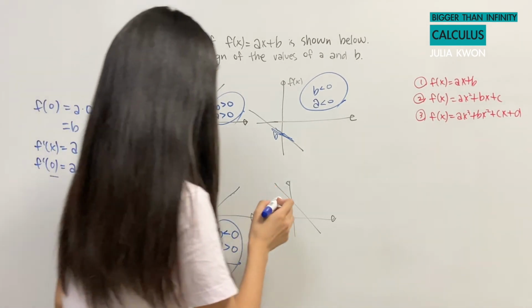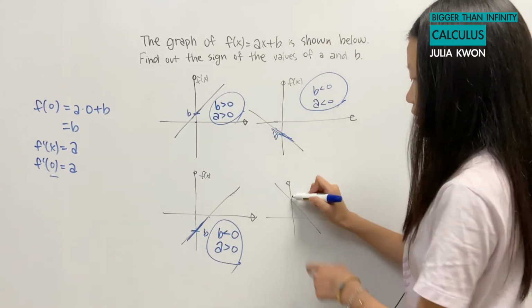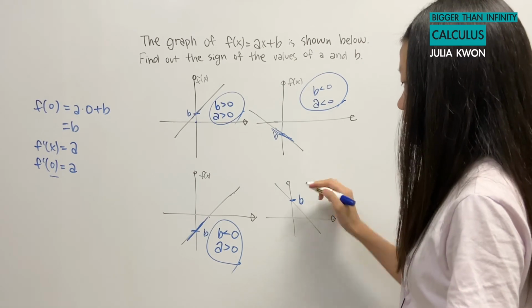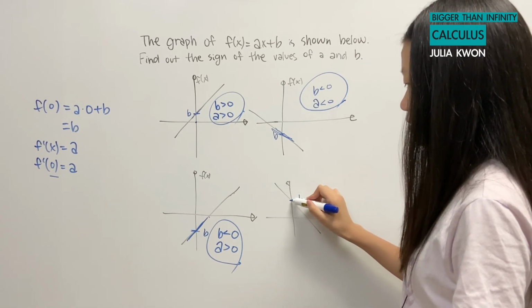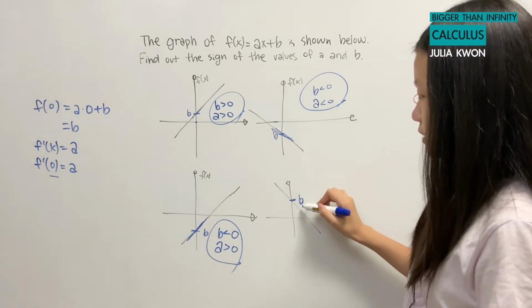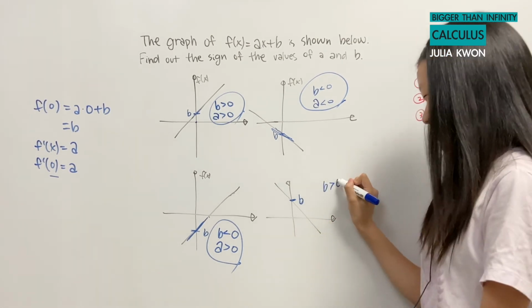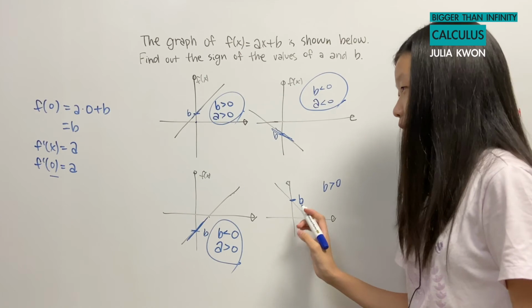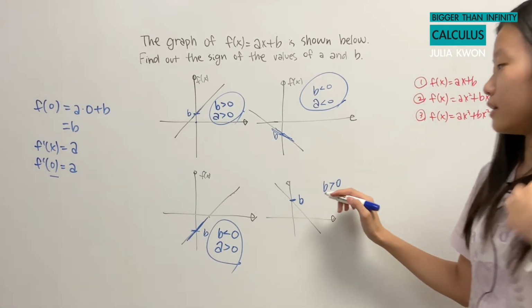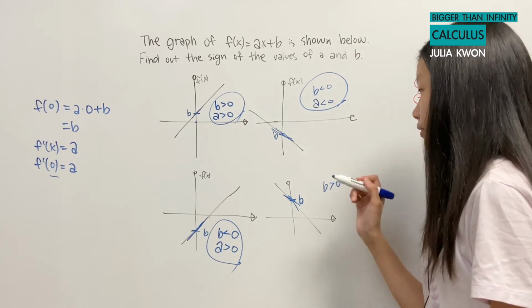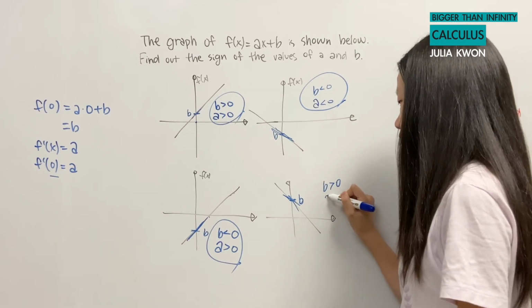Here, when x is equal to 0, b is here, and since b is positive, well, yeah. And when x is equal to 0, the slope is a, and here the slope when x is equal to 0 is negative, so a is negative.